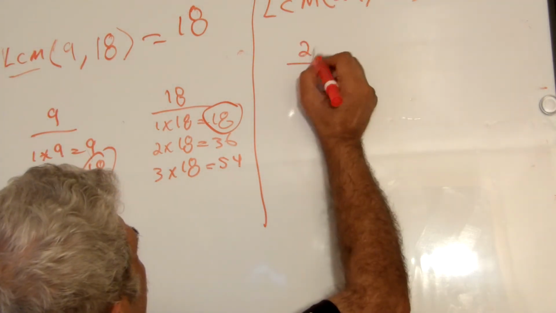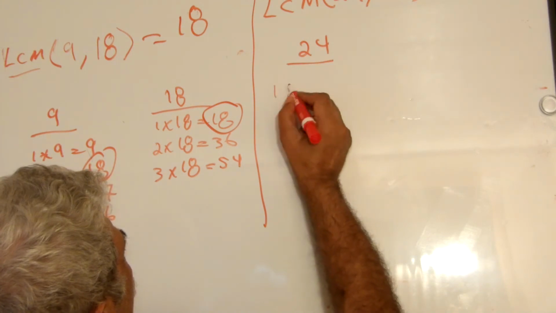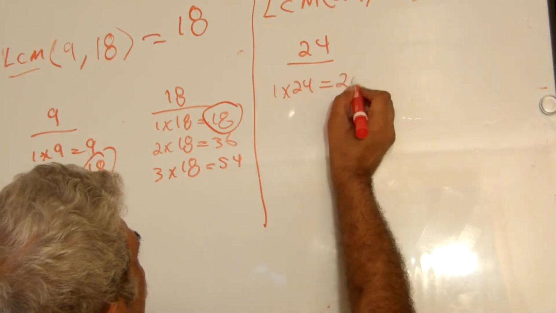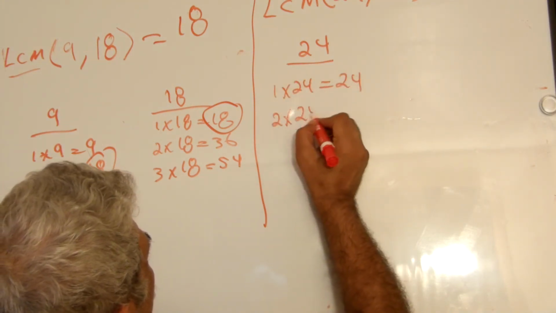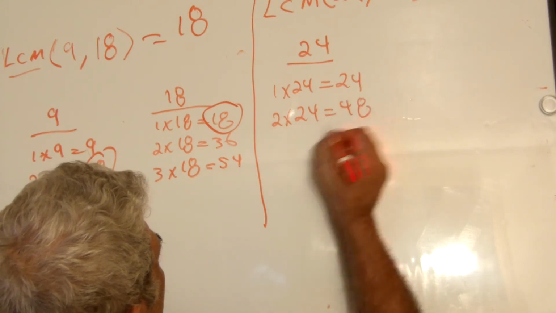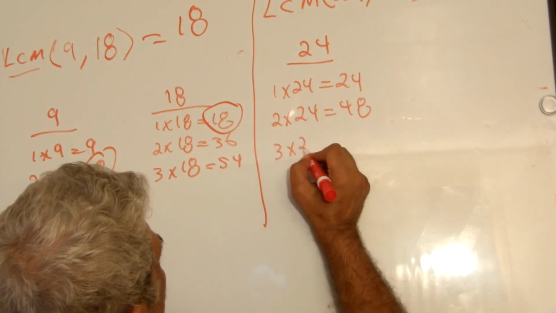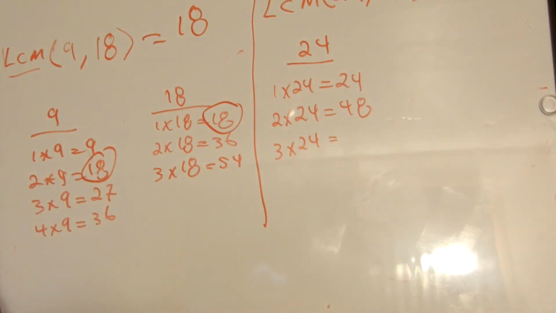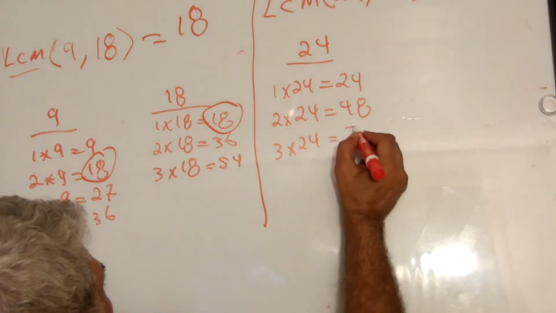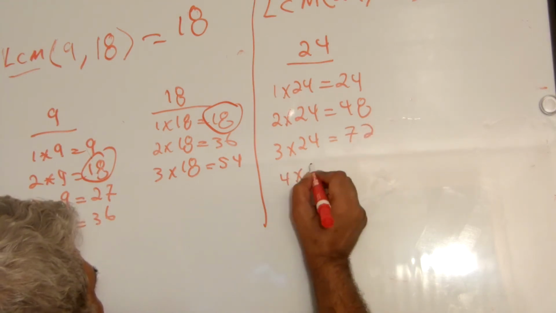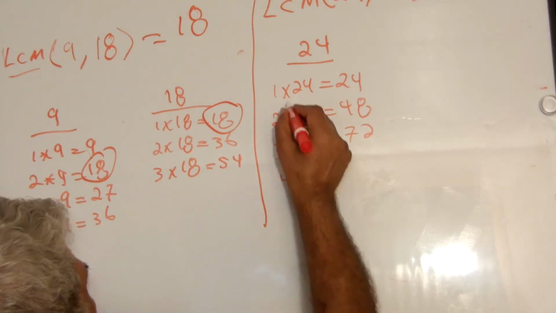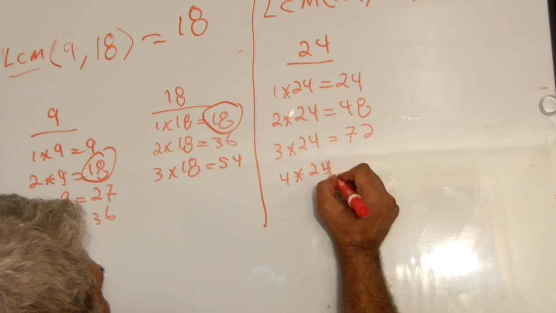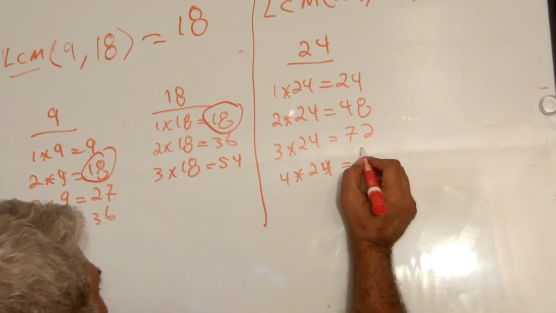So for 24, 1 times 24 is going to be 24. 2 times 24 is going to be 48. 3 times 24 is going to be 72. 4 times 24 is equal to 96.